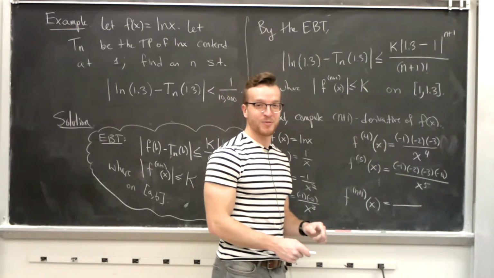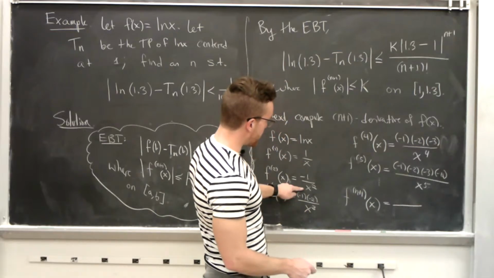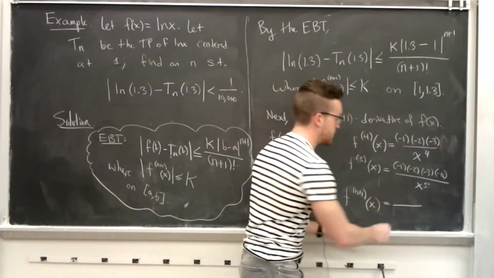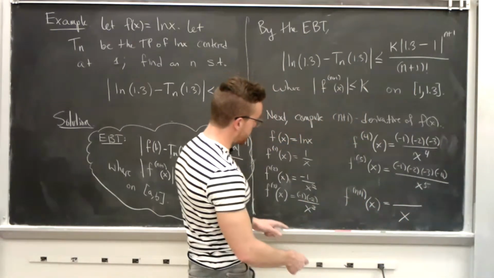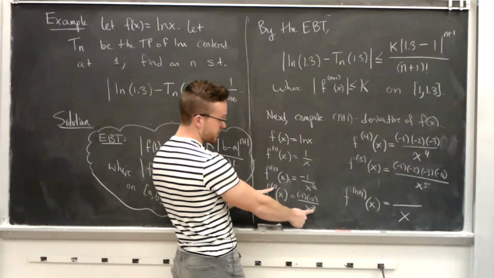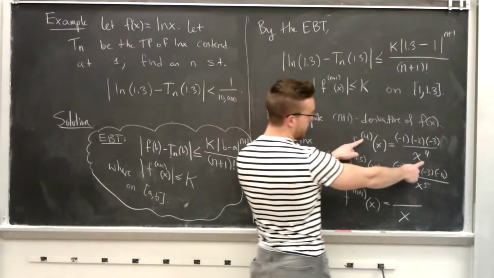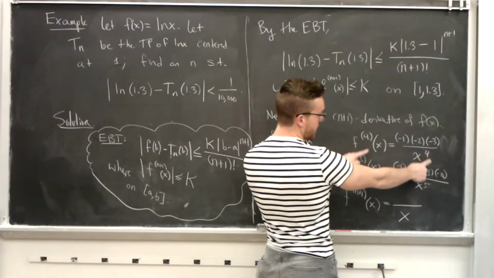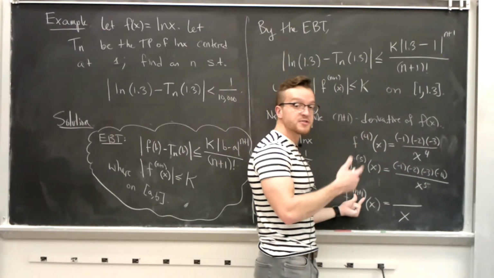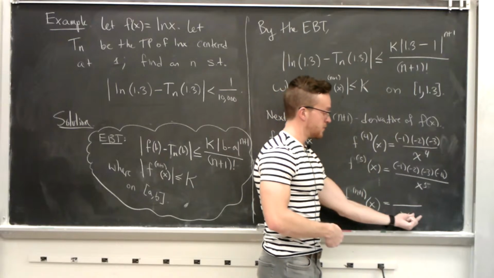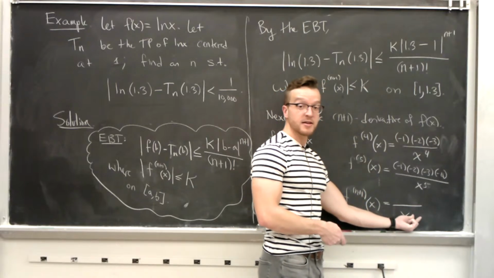I can do that much. Also, there's a power of x in the denominator, so this will be x to some number. And it looks like, if I look at all these derivatives I'm taking, that number matches up if I take n plus 1 derivatives. I'll get x to the n plus 1.